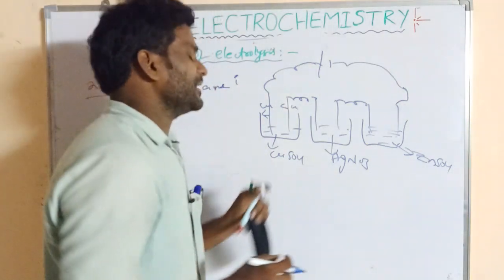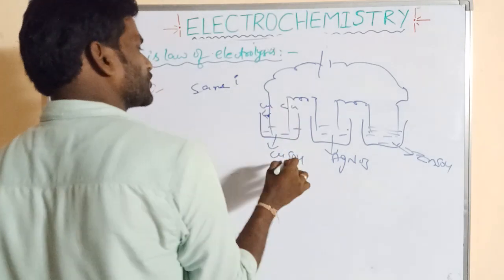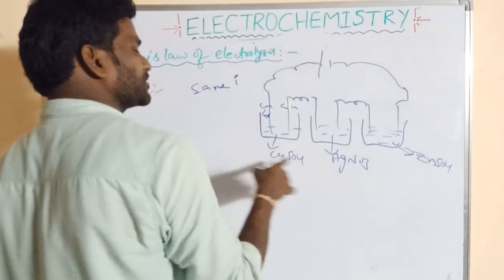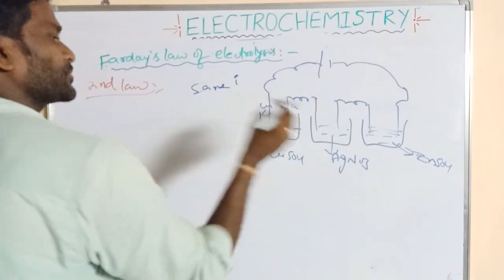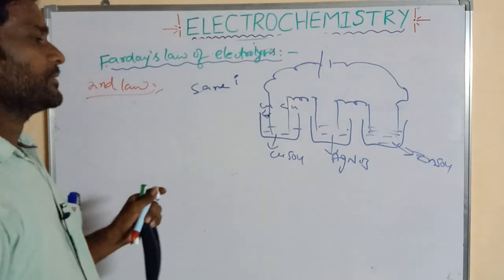So how much amount of substance is deposited at the electrode? That is how it varies with the equivalent weights. This is the second law of Faraday.